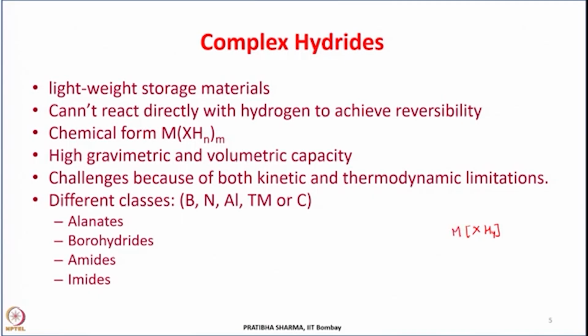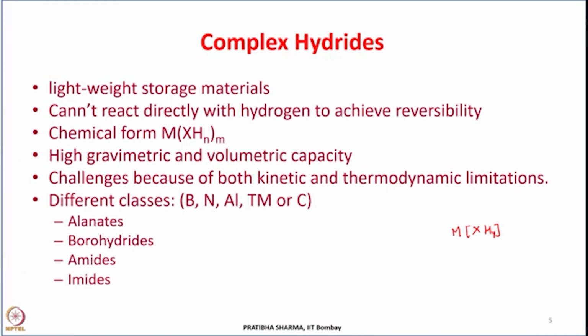So the difference between complex hydrides and metal hydrides is that metal hydrides can be directly regenerated back or charged again after discharging by exposing them to hydrogen at certain temperature and pressure conditions. But complex hydrides do not directly react with hydrogen to achieve reversibility.